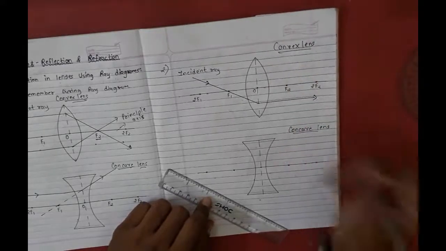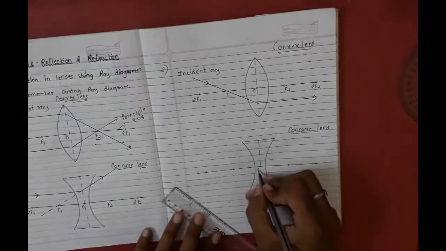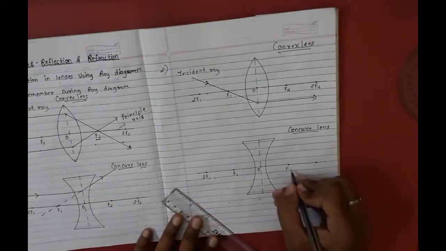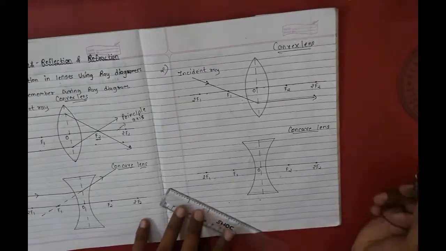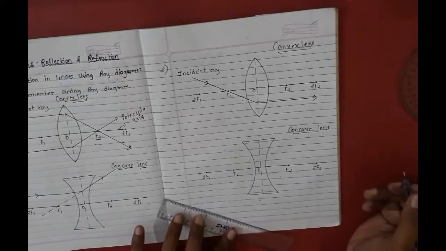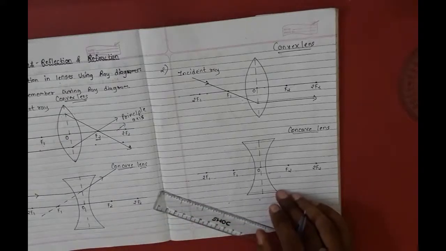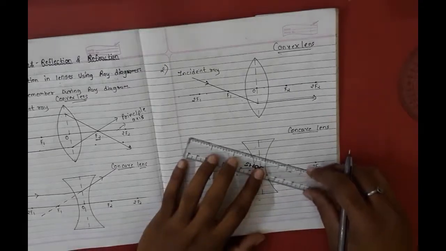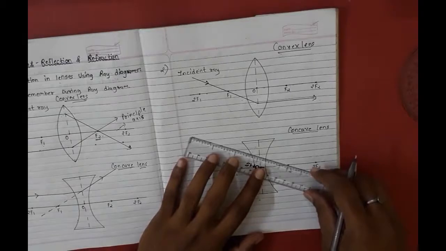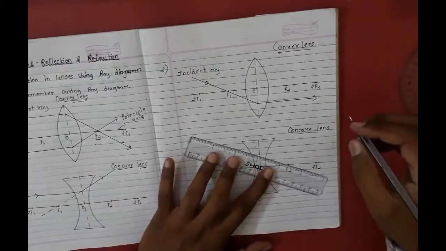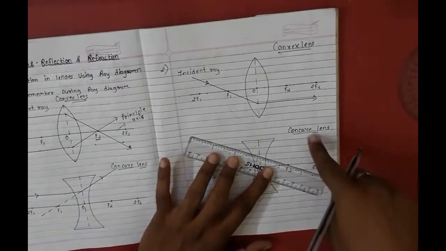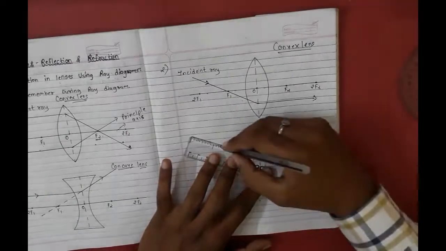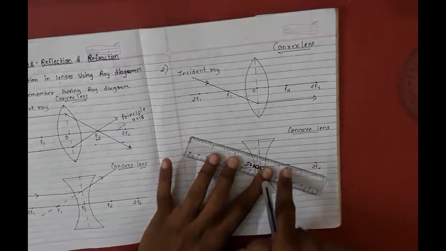ठीक है, सो फॉर कॉन्केव लेंस, again this is your optical center, this is your focus F1, this is 2F1, this is F2, and this is 2F2. So in case of concave lens, you have to just show that your incident ray is passing through the focus, because it is not actually passing. We have to just show that it is passing through the focus like this. ठीक है, देखो मैंने फोकस से टैली कर दिया है.